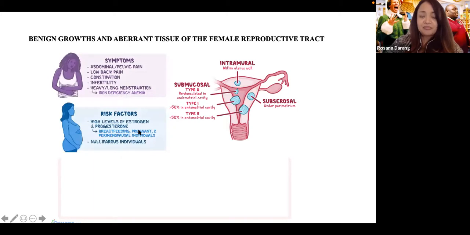mucous membrane. Someone with fibroid tumors will manifest with pain, okay, low back pain, abdominal pain, constipation, of course, infertility, and heavy long menstruation. So if you remember from our first slide, the term for heavy or long menstruation is menorrhagia.